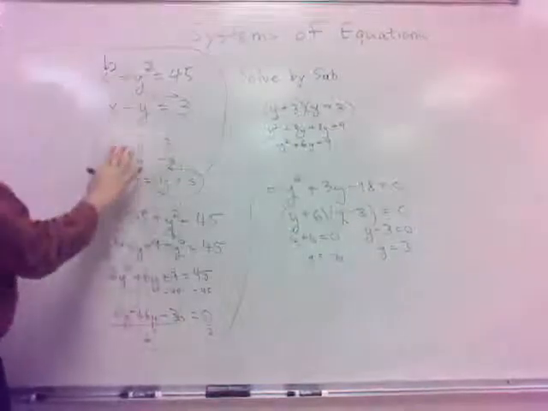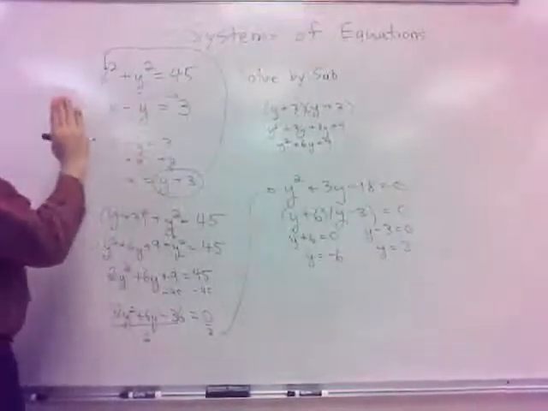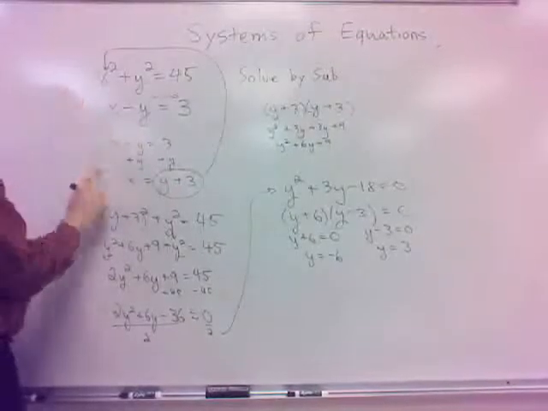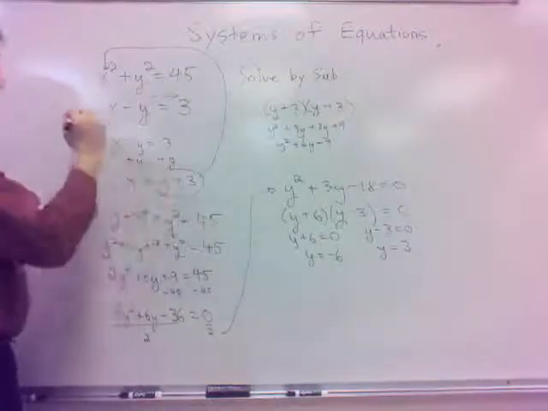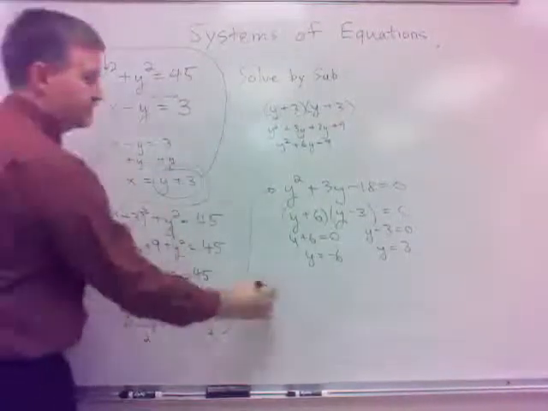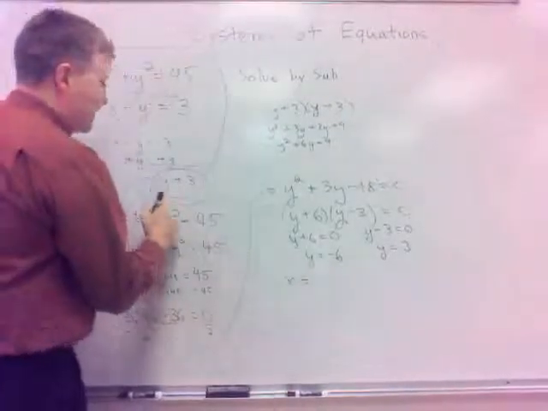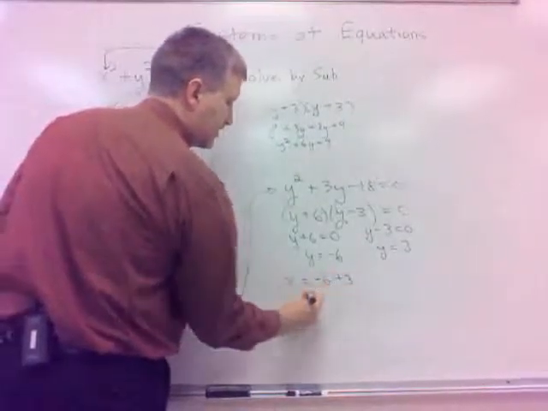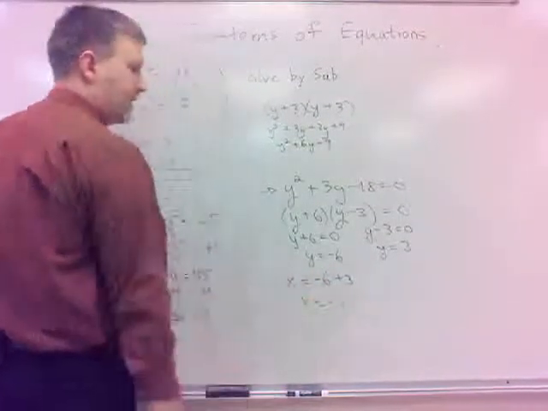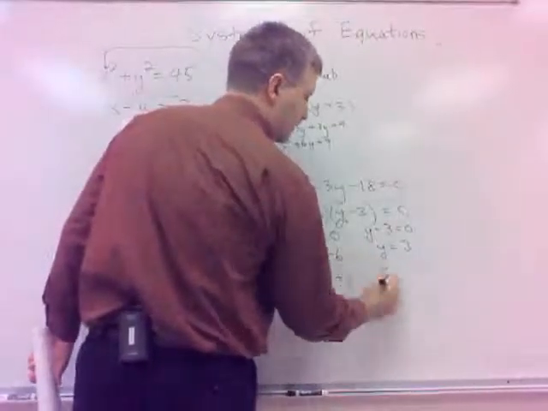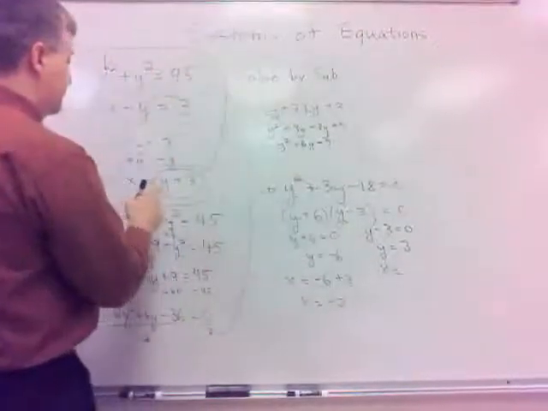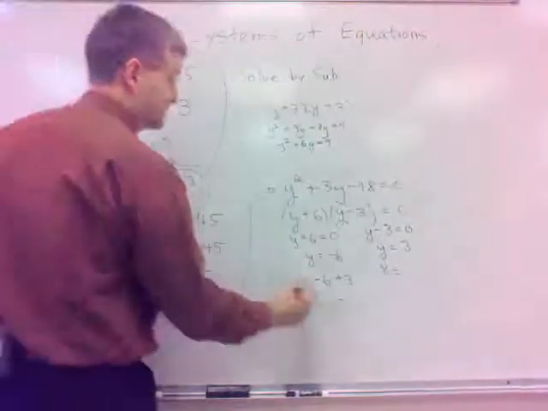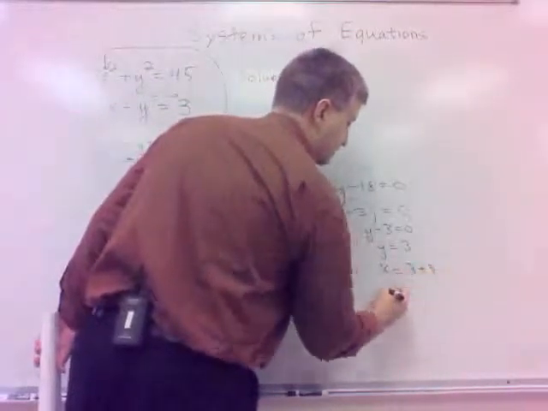Again, you can plug it wherever you want. However, I think right here is the best place to go, isn't it? x equals y plus 3, so just plug that in. y is negative 6, so that would be x is negative 3, right? And if y is 3, then x is 3 plus 3, that's 6.